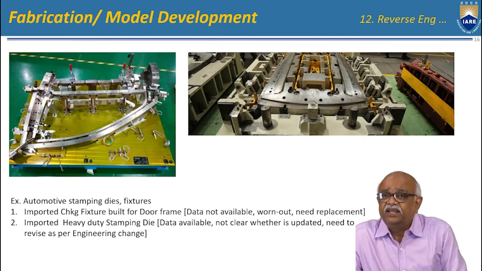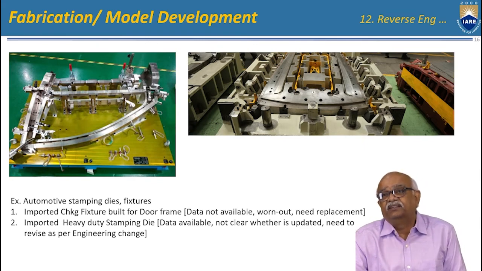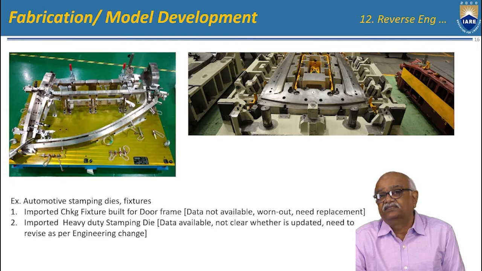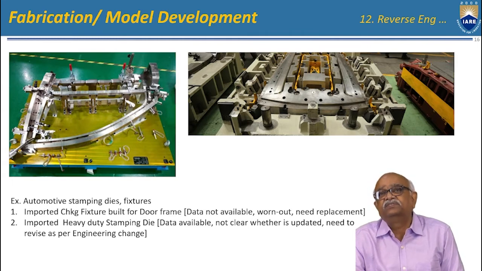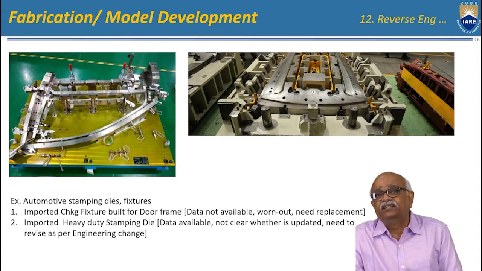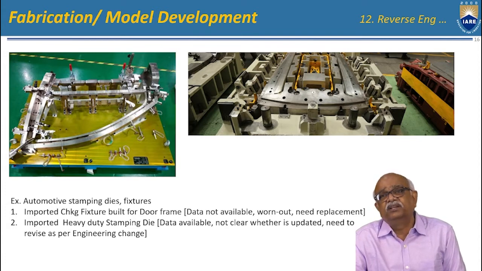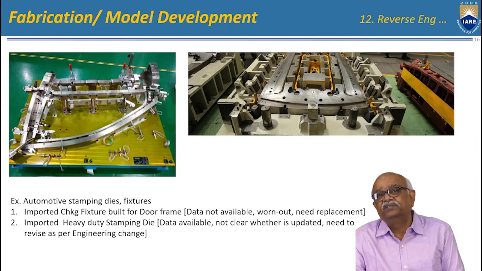As I told you, sometimes you have to duplicate, you have to do corrections. These are two live examples which I have taken. One is in an automobile, the door. After making it, you check whether it is the same shape-wise, function-wise, or dimension-wise.